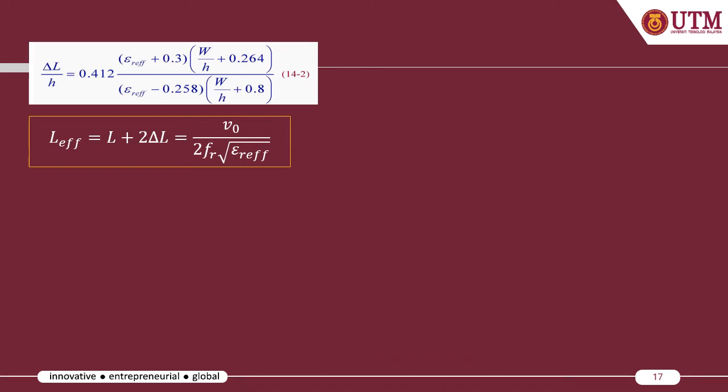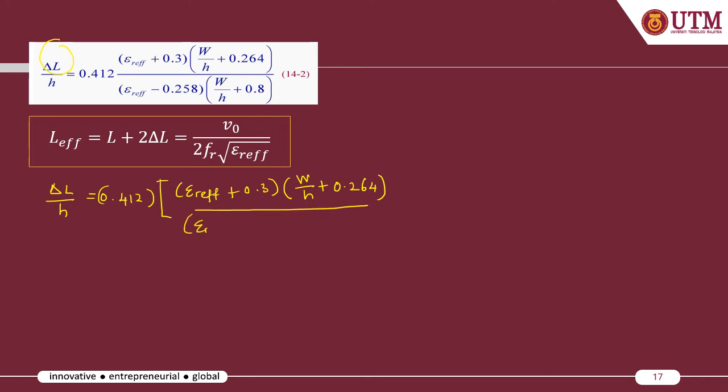The delta L can be determined by using this equation: delta L over h equals 0.412 multiplied by epsilon reff plus 0.3 multiplied by W over h plus 0.264, divided by epsilon reff minus 0.258 multiplied by W over h plus 0.8. Make sure you use the correct value.